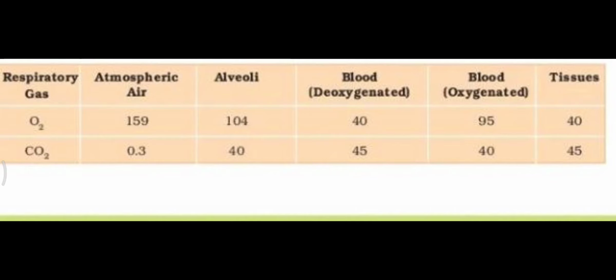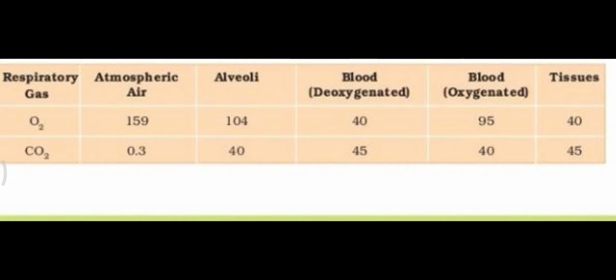Now make a comparison with the capillary that is having the blood which is deoxygenated. In alveoli the oxygen is 104 and the blood which is deoxygenated has 40. So from alveoli the oxygen will get into blood, the blood gets oxygenated and this oxygenated blood gets to the tissue.